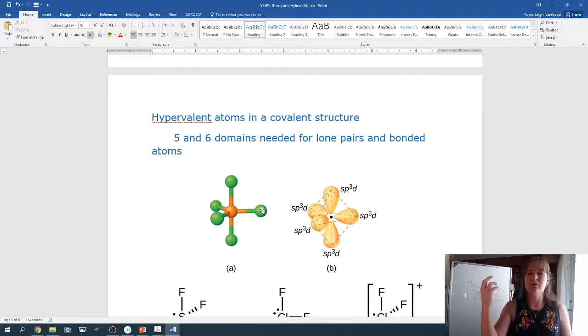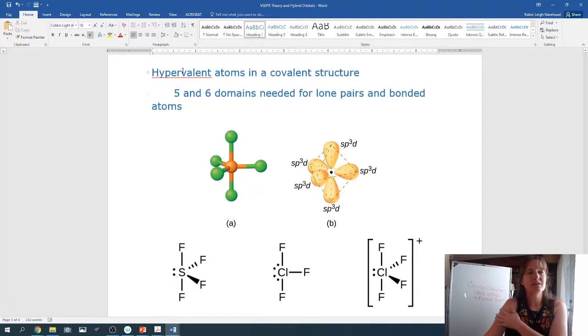And so if an atom needs to hold many lone pairs or form more than 4 bonds to atoms, then it will become what's called hypervalent, so more valence electrons. These occur and create 5 or 6 domains that are needed. They're needed because the total of lone pairs plus atoms bonded to the central atom would be 5 or 6. That's as high as we go though.